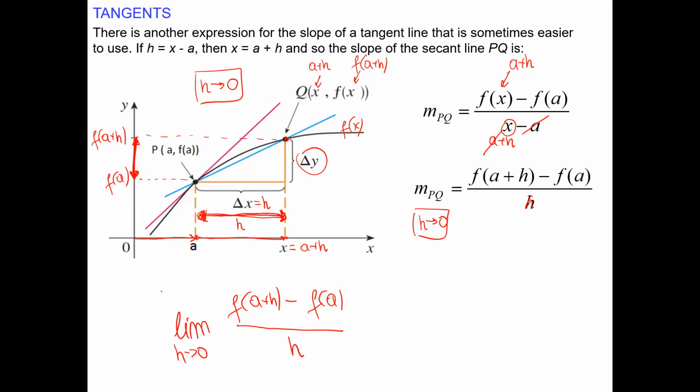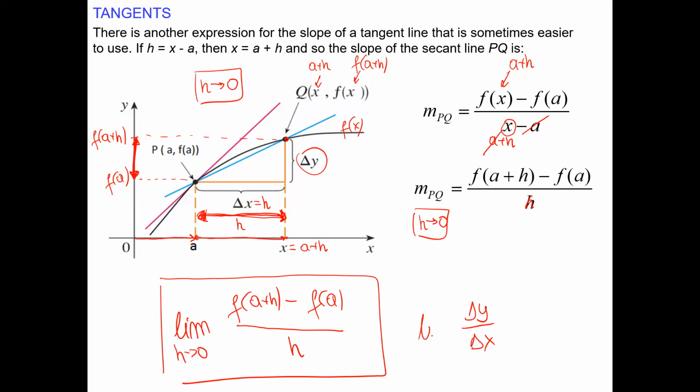That means it's still the same thing, still delta y over delta x. H is hidden here. This will be the slope of the tangent line, in a different form.